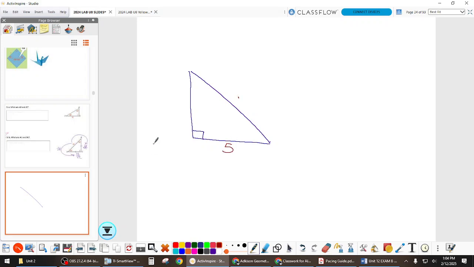What is this one? Don't shout it out, so everybody can think. Raise your hand when you can tell me. Yeah, but next time raise your hand. But yeah, it's just 5 root 2, right? Leg times root 2. We don't need a decimal.